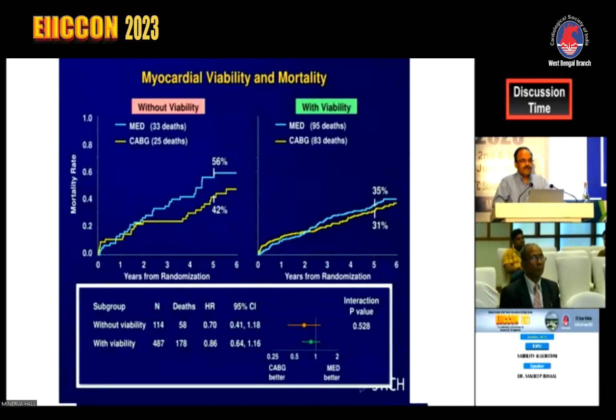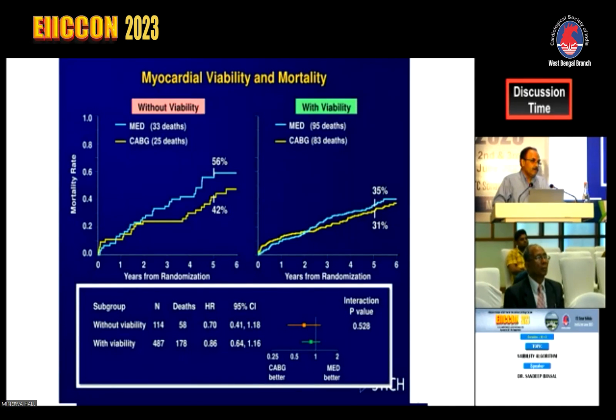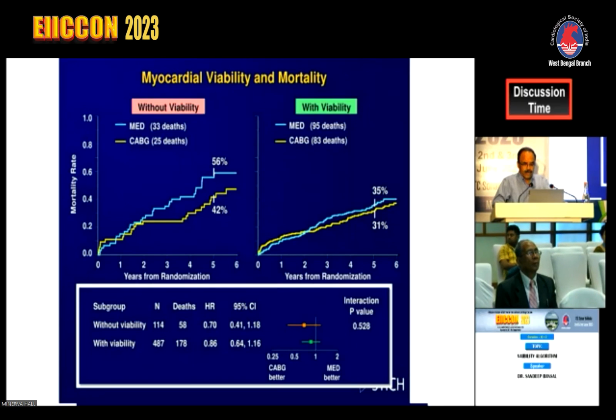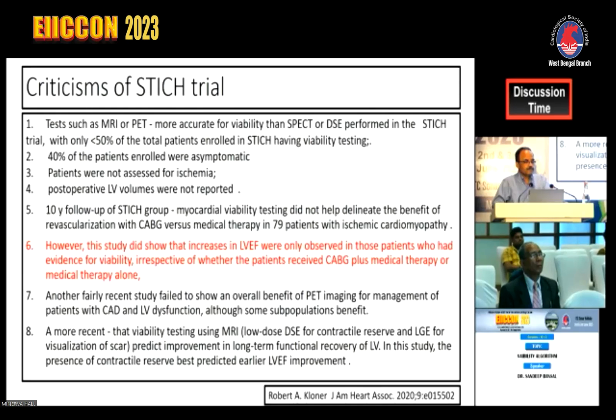However, again, as I said, the main point in the STICH trial was that whether you did viability testing or not, the results of the CABG were not going to determine the ultimate outcome. However, there were many criticisms of this because the STICH trial did not use MRI or PET.